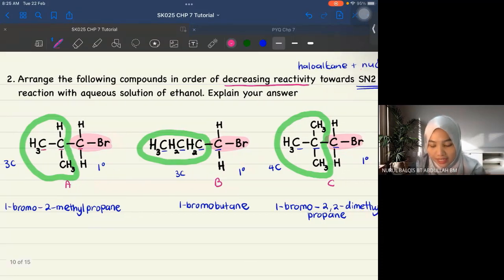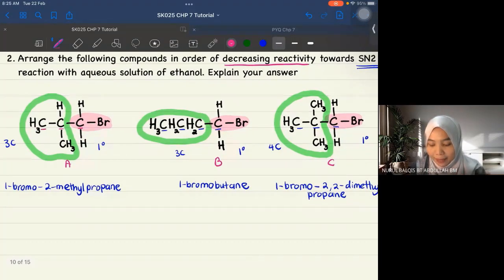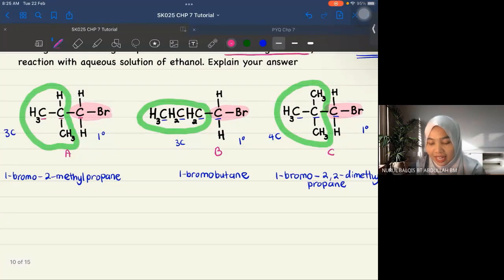So awak rasa antara A, B dengan C, siapa yang paling rendah dia punya reactivity towards SN2? Paling yang kita tak nak lah. B. Apa? Yang paling rendah. Paling rendah bukan rendah size. Paling less possibility to perform SN2. Tadi kita cakap SN2 ni nak backside attack. Bila nak backside attack, perlukan ruang yang banyak.